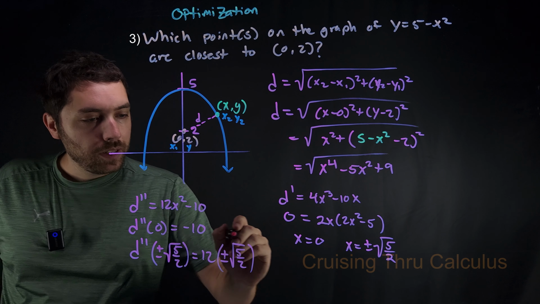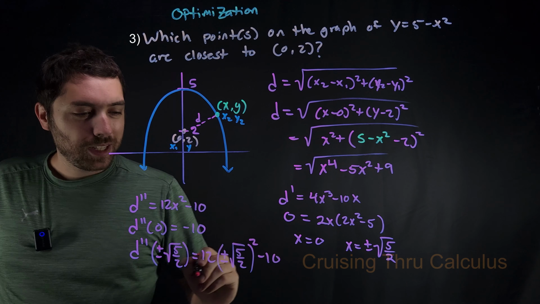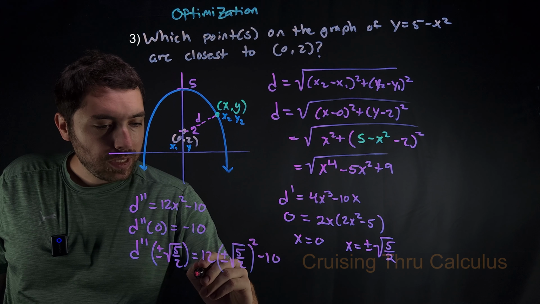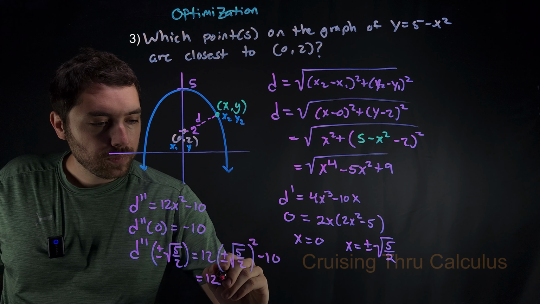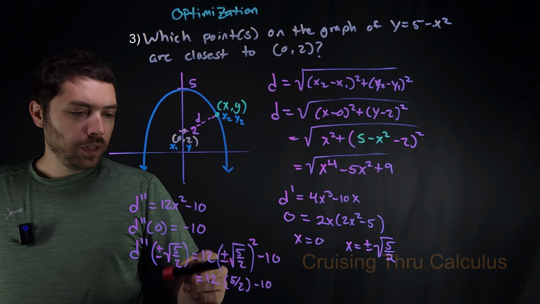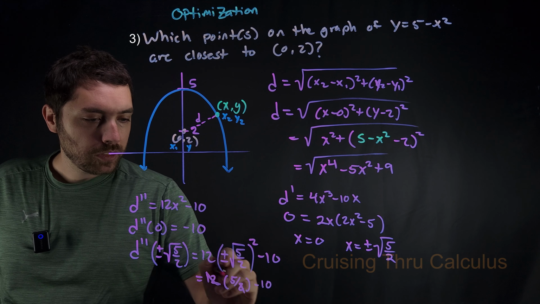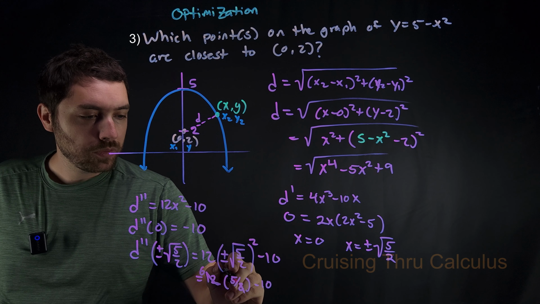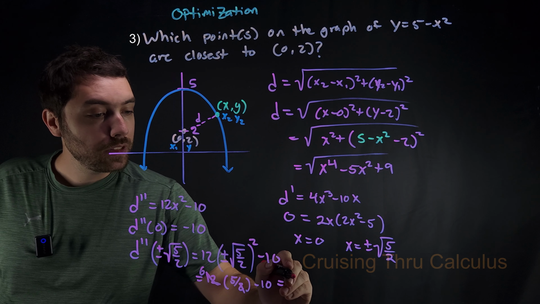Squared minus 10. There we go, that's better. All right, let's see what we get here. This is going to be 12 times 5 halves, minus 10. This and this will give me 6. 6 times 5 is 30. 30 minus 10 is a positive number.